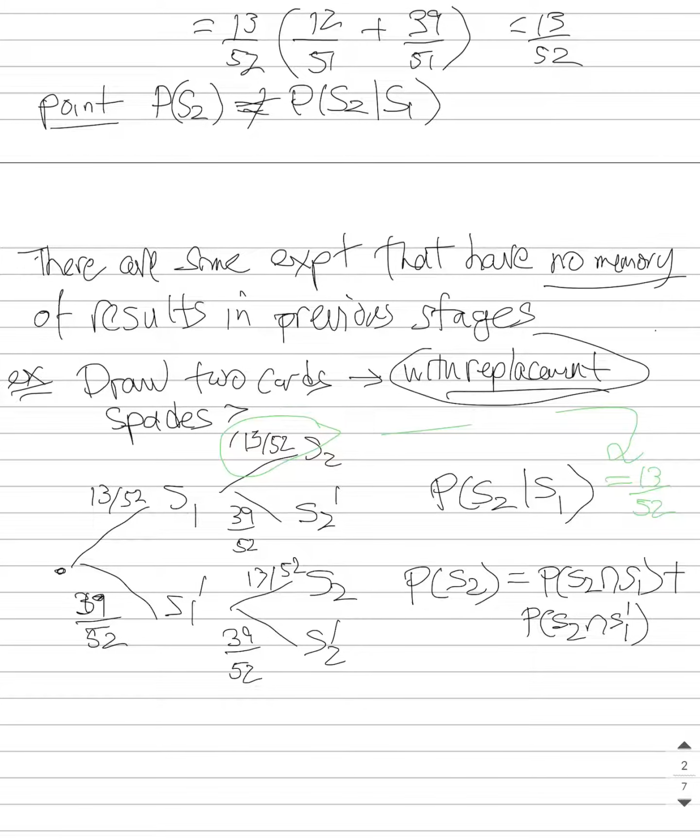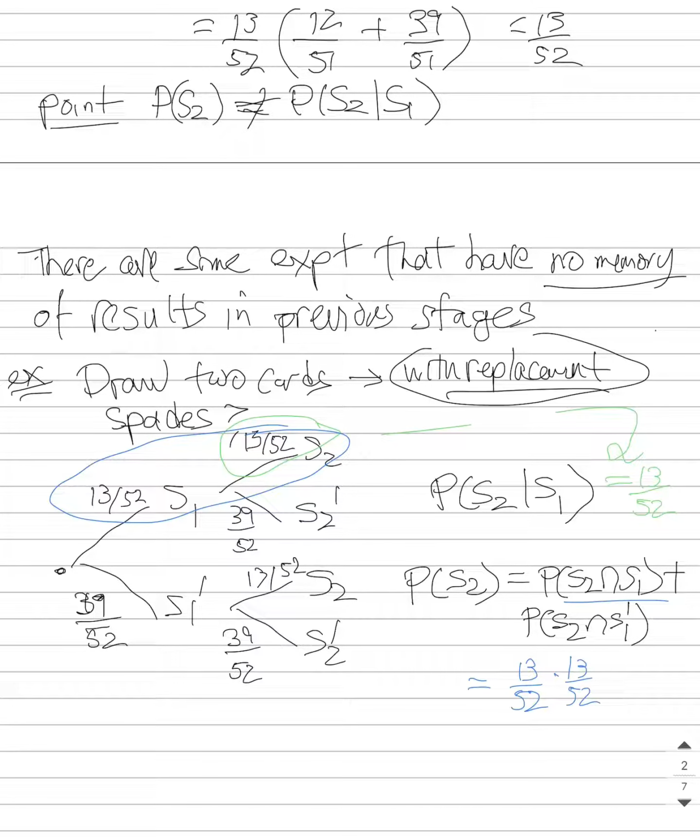If we track the 2 branches, that top one will end up giving me a 13 out of 52 times a 13 out of 52 by the multiplication rule. Whereas the second one will give me a 39 out of 52 times a 13 out of 52. And because these are being added, I can see that there's a common factor of 13 out of 52.